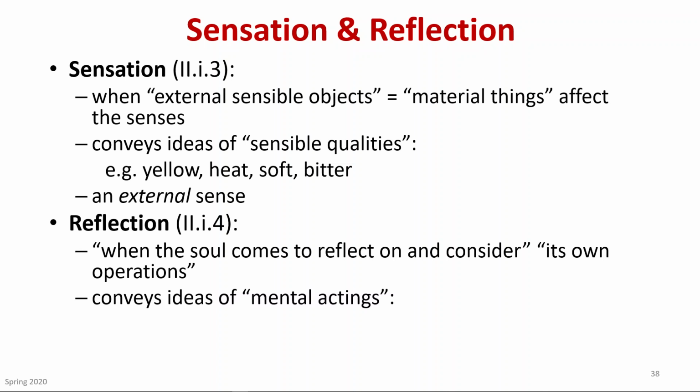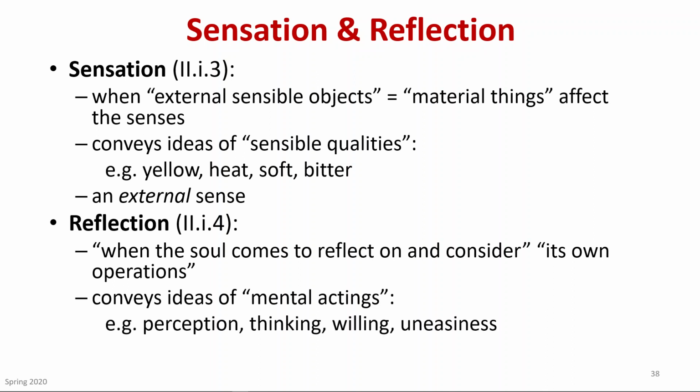Reflection conveys the ideas of what Locke calls here mental actings. Examples of ideas we get not from external things, but from reflection, are the ideas of perception, thinking, willing, uneasiness, or some displeasure of some kind. So Locke says that this is an internal sense.